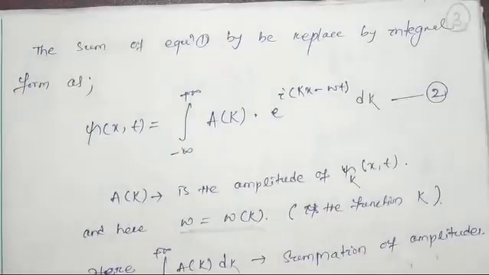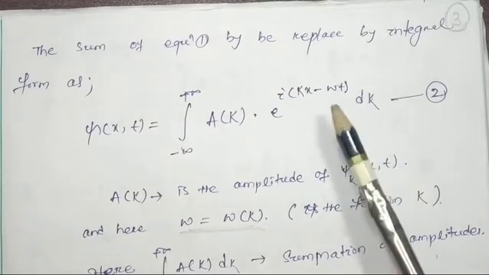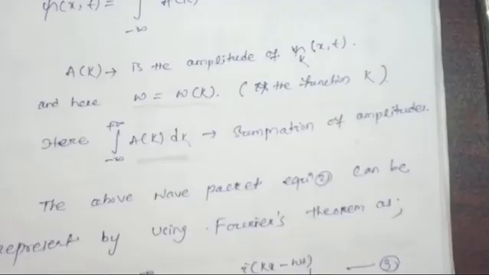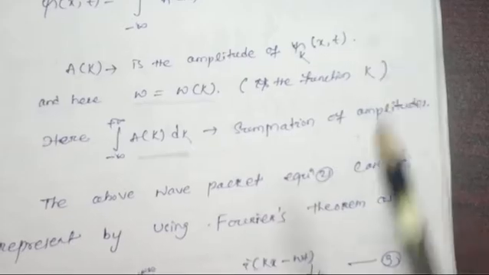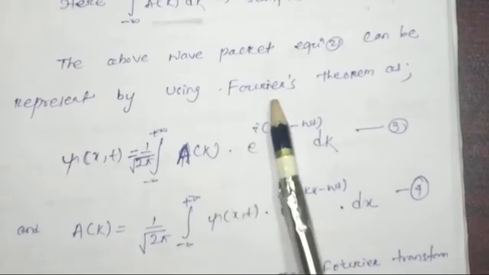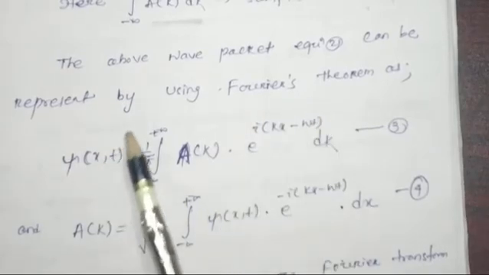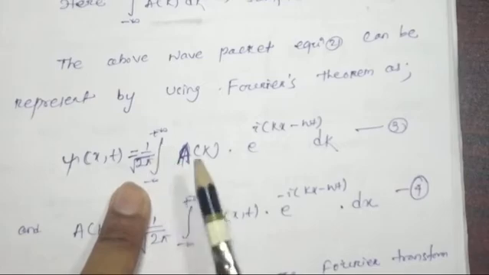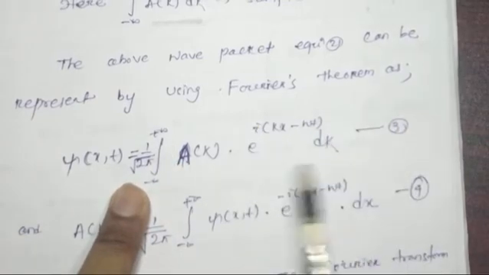So the above wave packet function can be represented by the so-called Fourier theorem in the form of 1 by root 2 pi, integral of A(k) e to the i(kx minus omega t) dk.